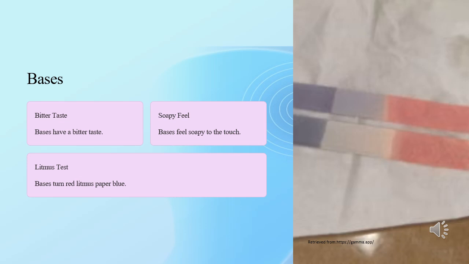In a litmus test, they turn red litmus paper blue. Bases are essential in household cleaning products, manufacturing, and even in biological systems like the bicarbonate buffer system in blood.